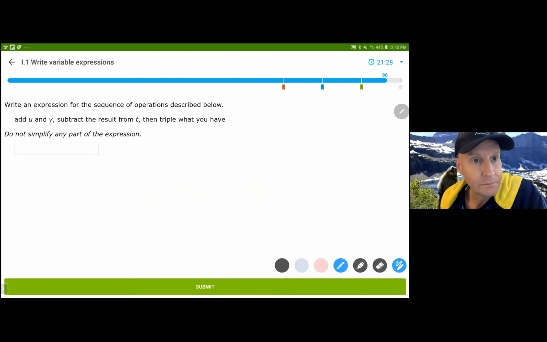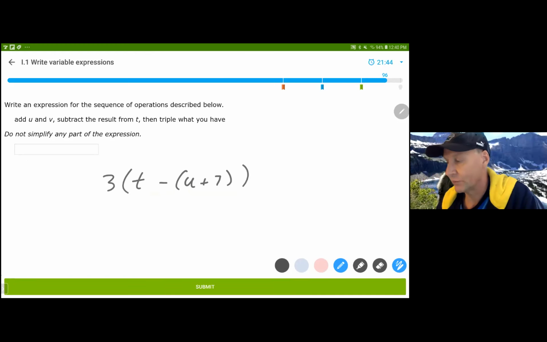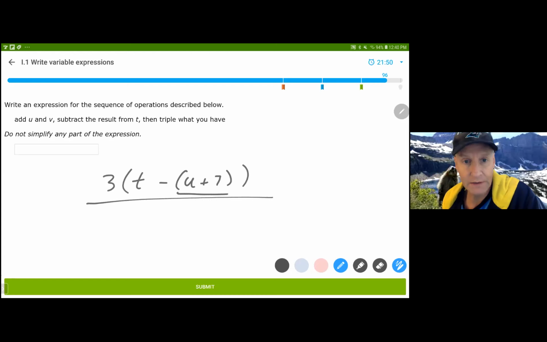All right, another one. Add u and v. So I'm going to add u plus v. I'm going to leave it open here. Subtract the result from t. Then triple what you have. Now this time it is really important that you have parentheses around the entire expression and that you have parentheses around this part as well.